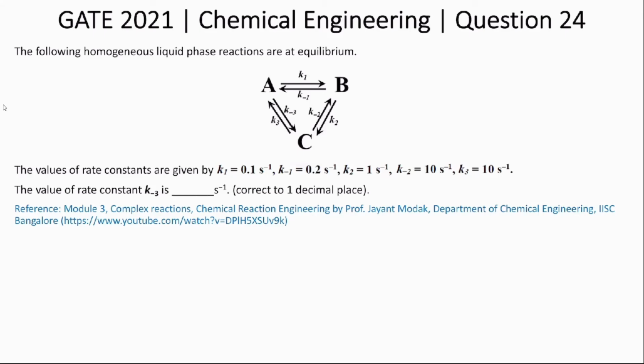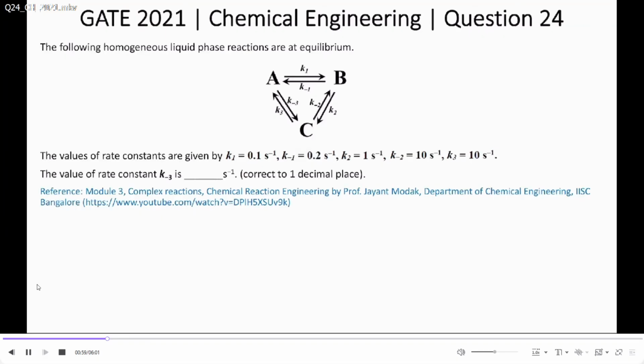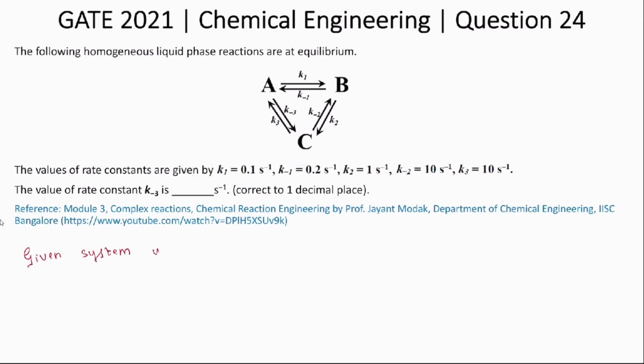The concepts you need to remember here are reversible reactions and equilibrium constants. So let us write the equilibrium constants. The given system is a cyclic reversible system, and it is at equilibrium.